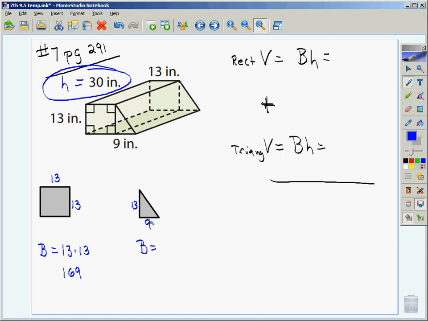How do I find the area of my triangle? 13 times 9 divided by 2, which is 58.5.